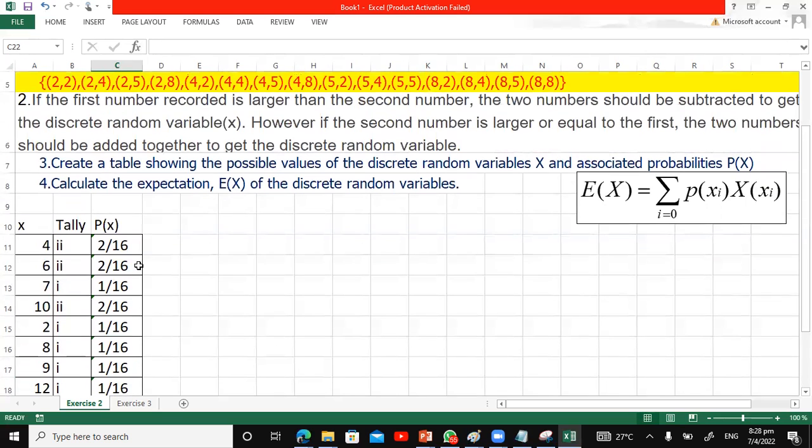So now we're going to work out the expected value. Remember, the expected value is found by multiplying the random variable x by the probability. All right, so the expected value of x will be equal to, so start with the first random variable.